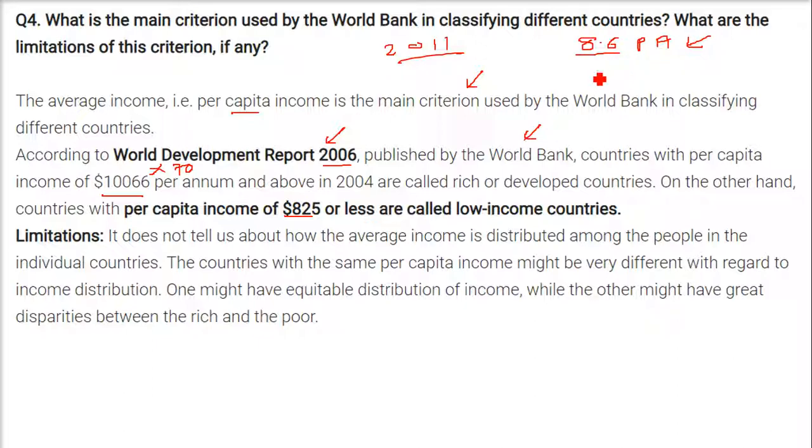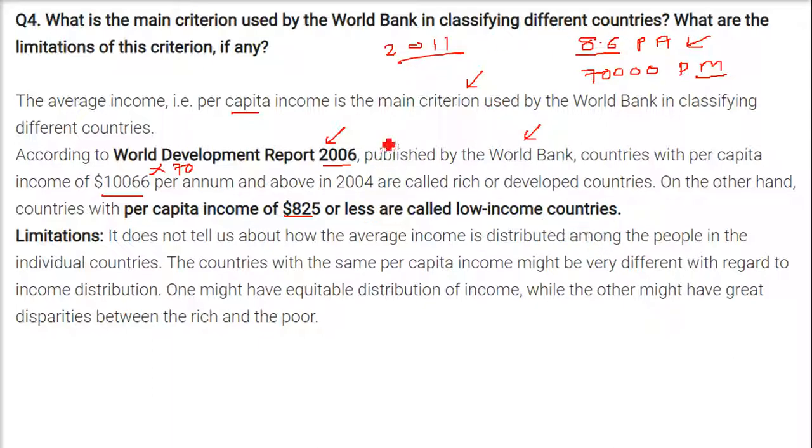And those countries which are having 70,000 rupees per annum are the low income countries. So 825 and this 10066 is the data of the previous year, and I'm talking about 2011.